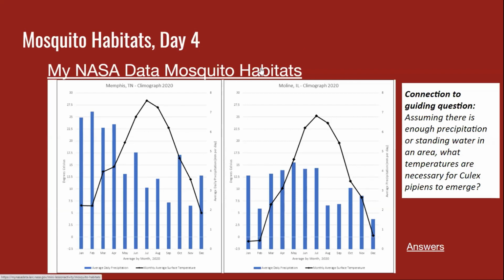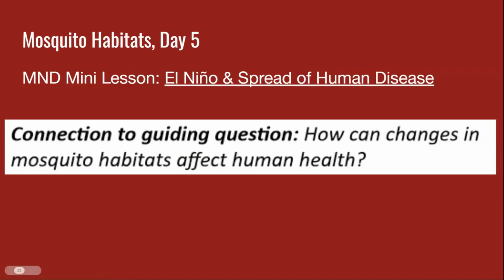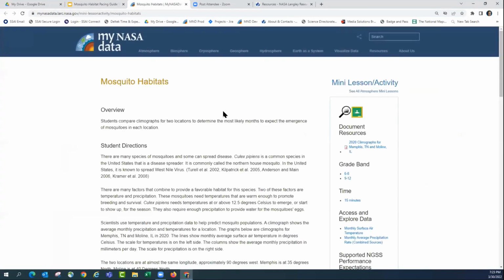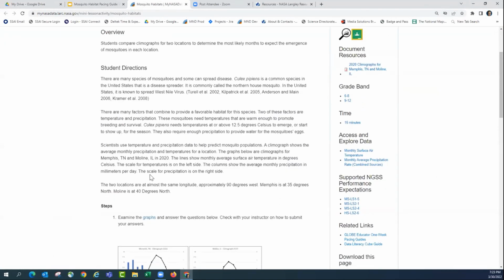Yeah, it's Culex pipiens, not too hard. Okay, thank you. So if I link out to the activity, there is some background information, and it does tell the students that the temperature needs to be above 12.5 degrees Celsius for the mosquitoes to emerge.